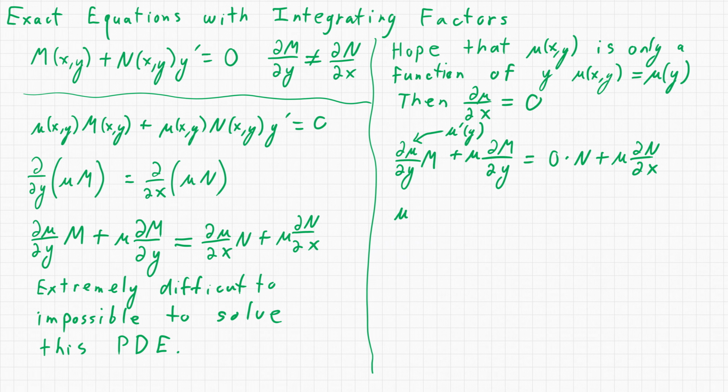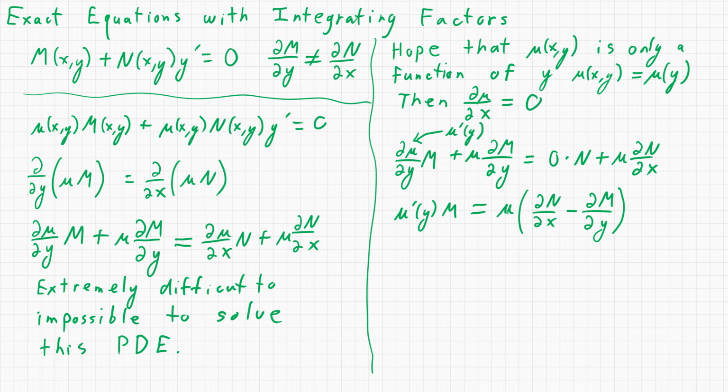So now I have mu prime of y times Mars, and I'm going to move this over to the right and factor out the mu. So that's going to equal mu times, and in here I have partial Neptune partial x minus partial Mars partial y.